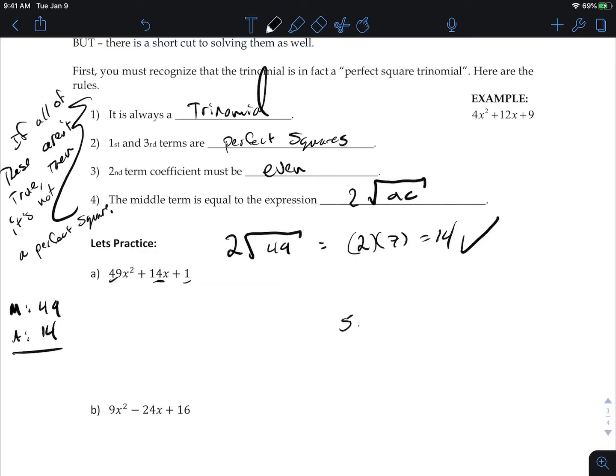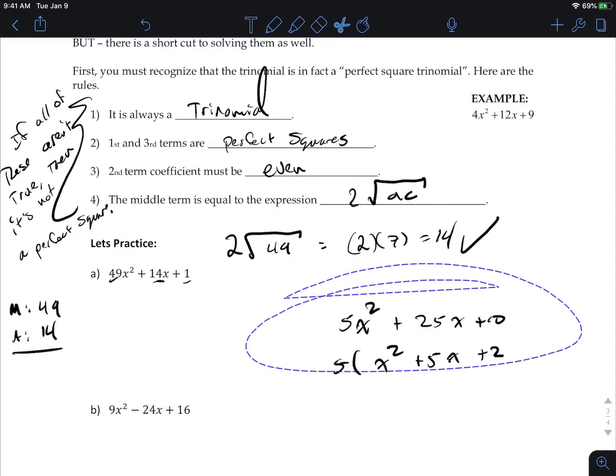It has to go in all 3 in order to take it out, unless you're completing the square, where we did not take it out of all 3, which is a different thing. So for a question like 5x squared plus 25x plus 10, I take a 5 out. So it'd be 5 times x squared plus 5x plus 2. It just depends on what's there. So this one, I can't take anything out.